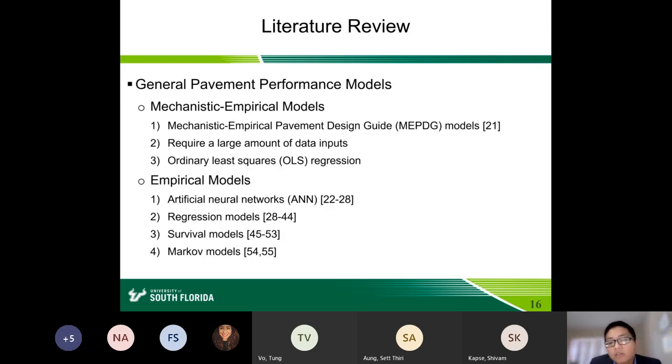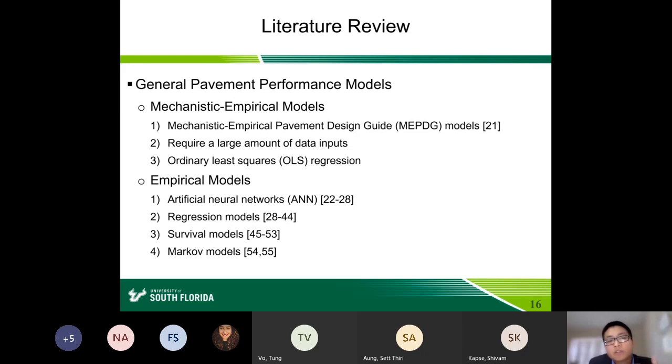For the methods that are used for the general pavement performance model, first I want to talk about the difference between general pavement performance model and the post-overlay pavement performance model.